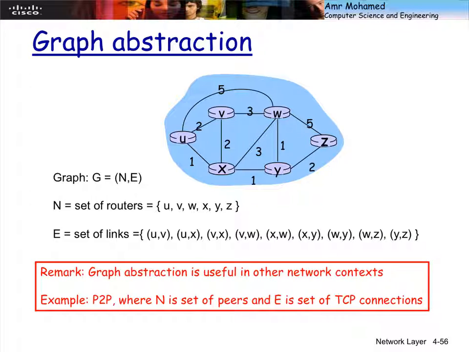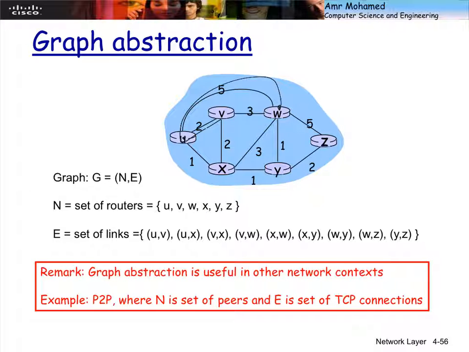So in that case, if we need to, for example, calculate the cost of going from U all the way to W, well, then we can go UVW, or we can go UW directly through one link.